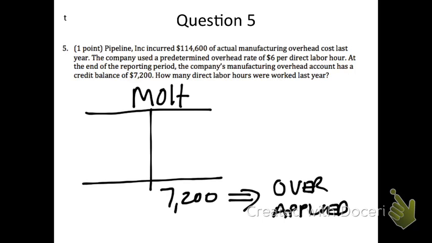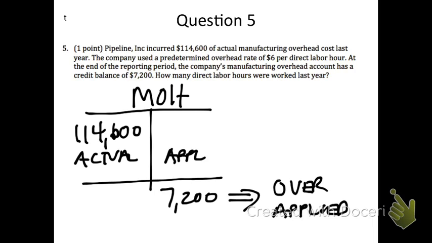And so I'm over-applied, and so I can look at my actual amount of overhead going into the account. This is actual. Then the applied amount has to be 114,600 plus 7,200. So the applied amount is 121,800. So that's the total applied amount.